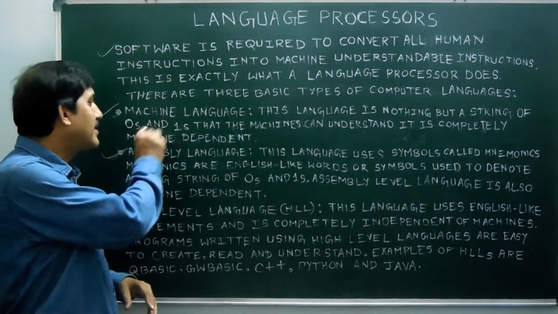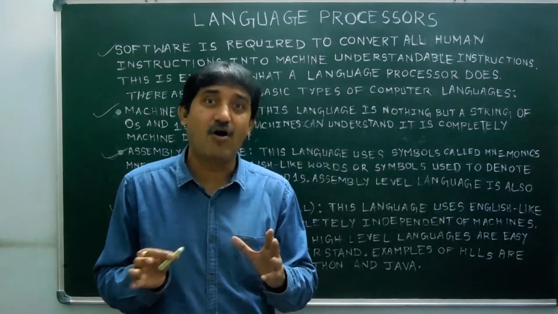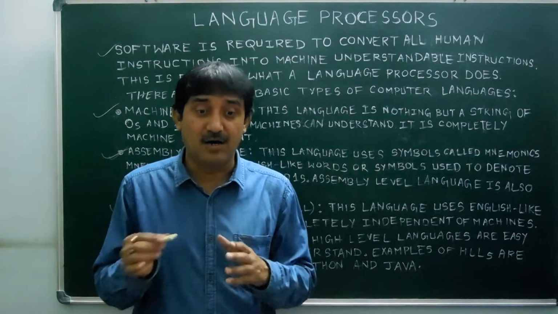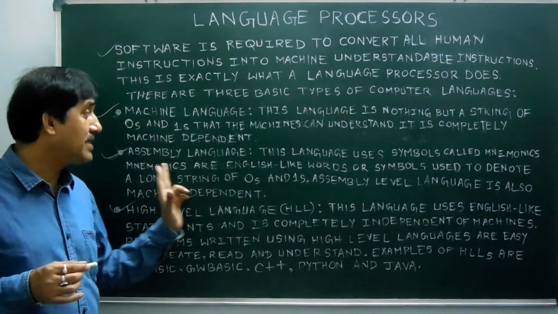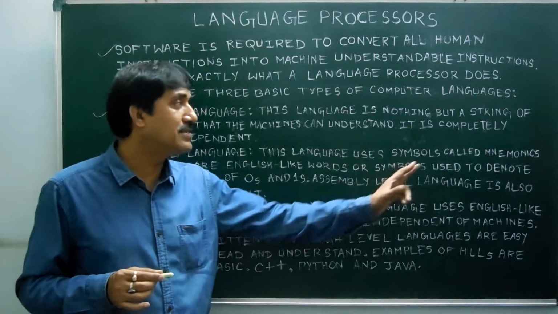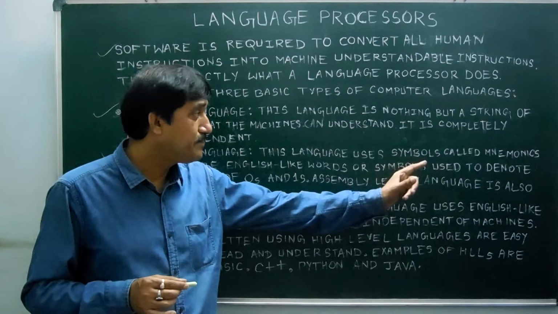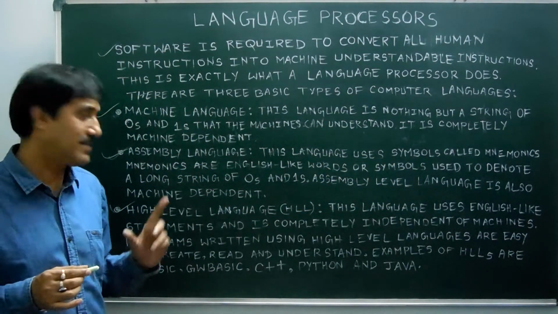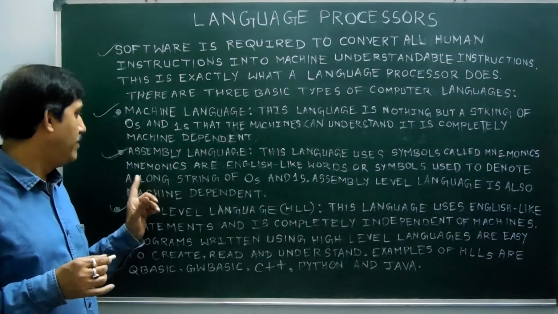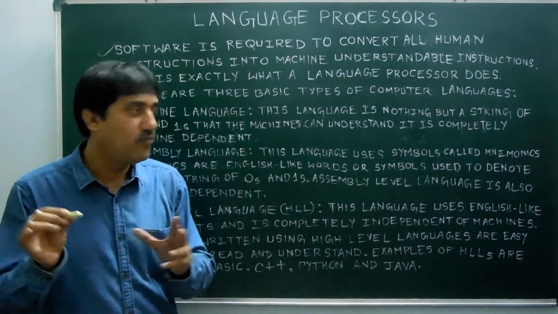Now, assembly language uses symbols called mnemonics, M-E-M-O-N-I-C-S. A lot of mnemonics are English-like words, like MOV for move.